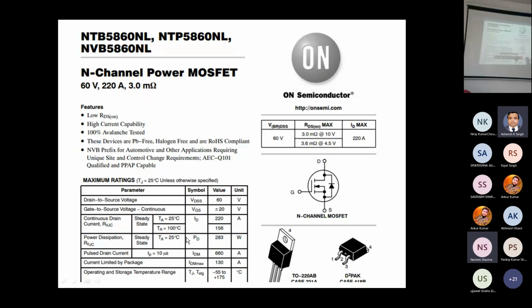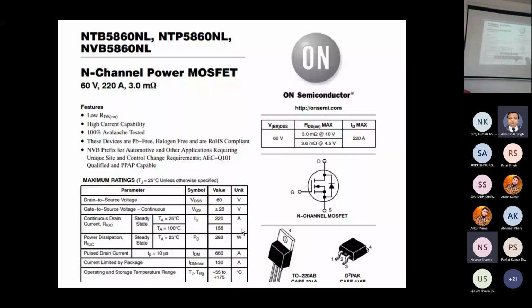And we have the continuous drain current. We can see here that at the condition of 25 degrees, 220 ampere is drawn. However, at 100 degrees it has a reduced current rating, that is 156, and if it increases beyond 156, it will heat and deteriorate. So according to the temperature, the current rating of the switch decreases.